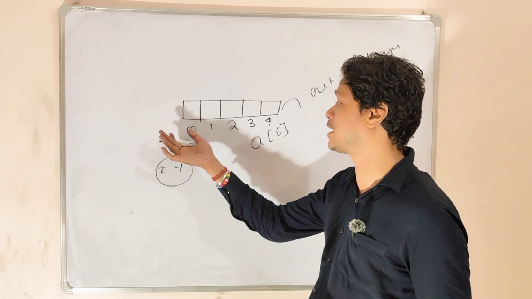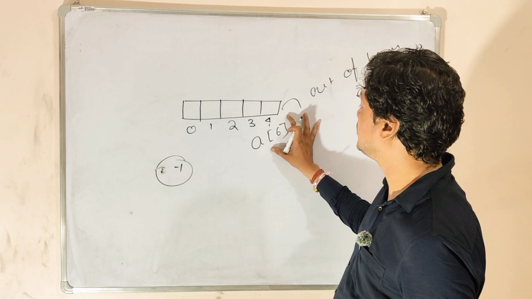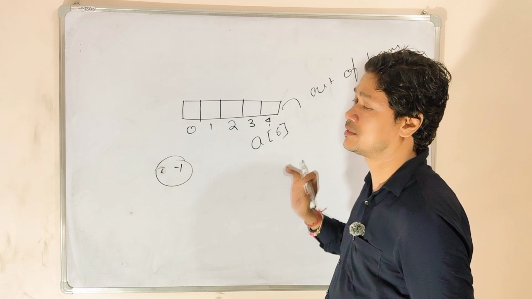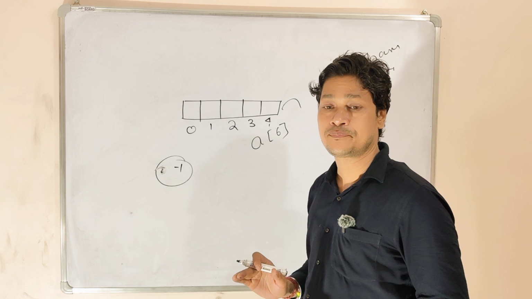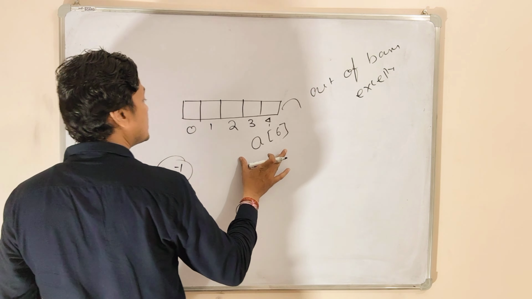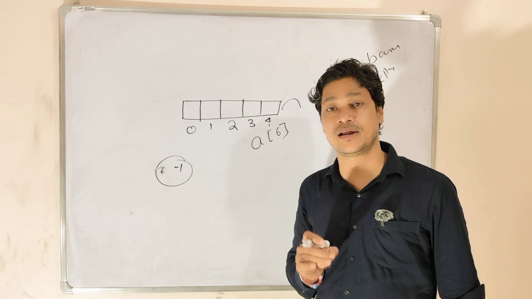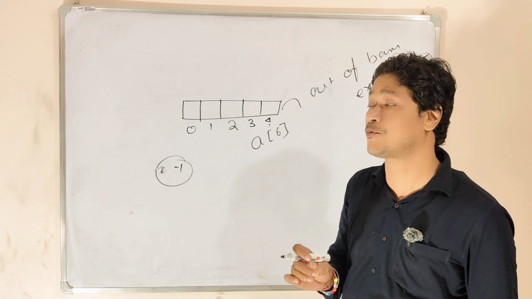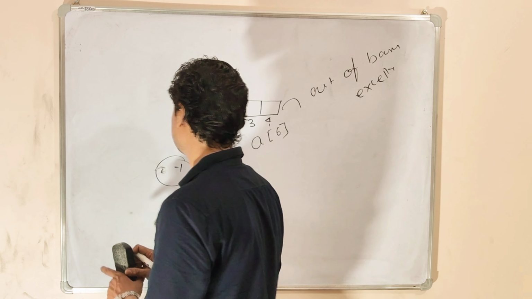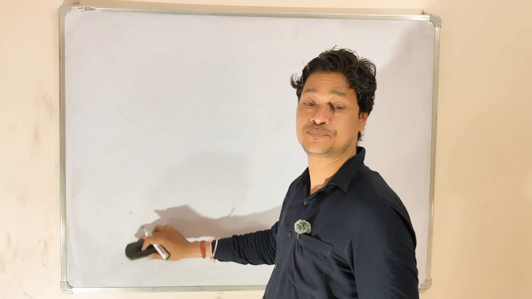There is no negative index in an array, and any index equal to or beyond the array length also leads to array out of bound exception. Is it clear completely? Yes, sir. Okay.